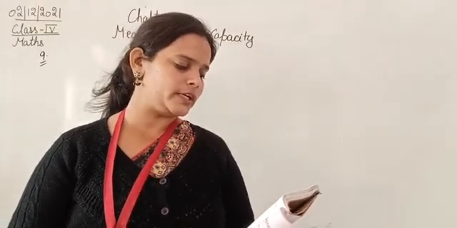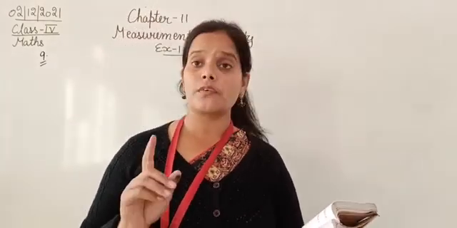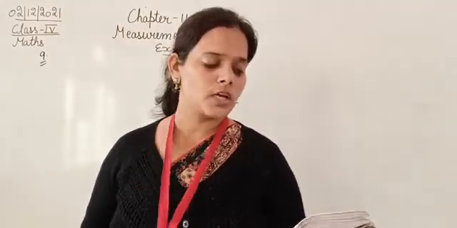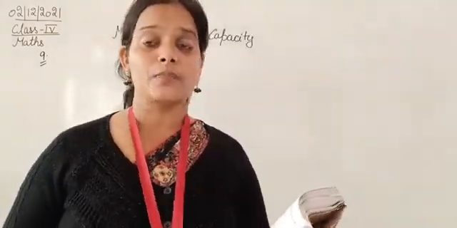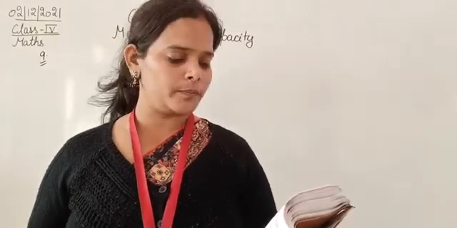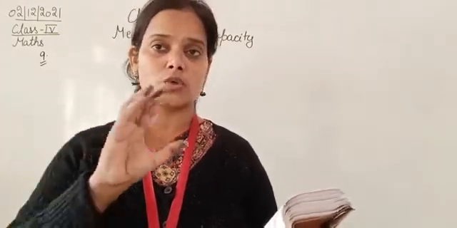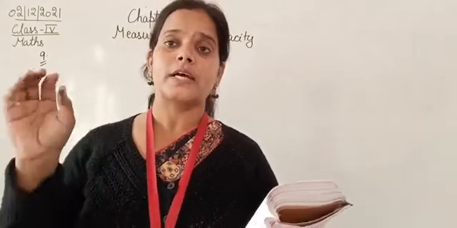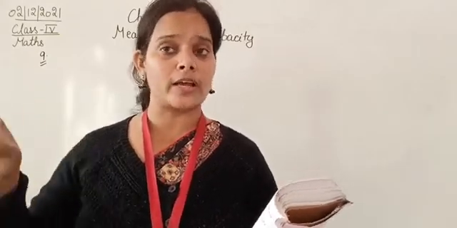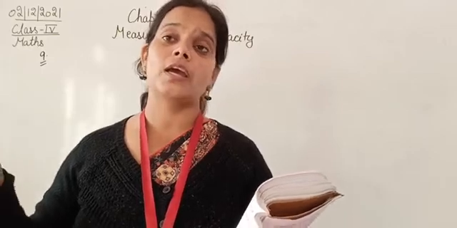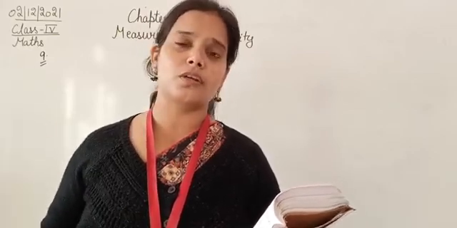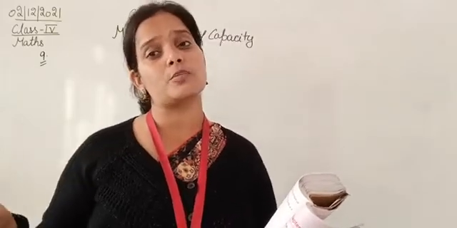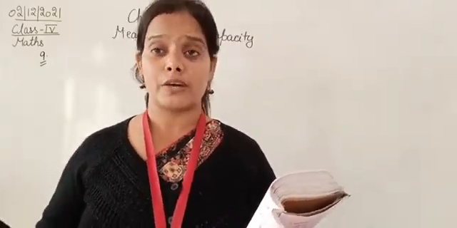How much Coke did each of them drink? So there were total 6 bottles and the capacity of each bottle of Coke was 500 milliliter. The total quantity of Coke was equally distributed between 12 friends. Now we need to find out the quantity of Coke drunk by each friend.